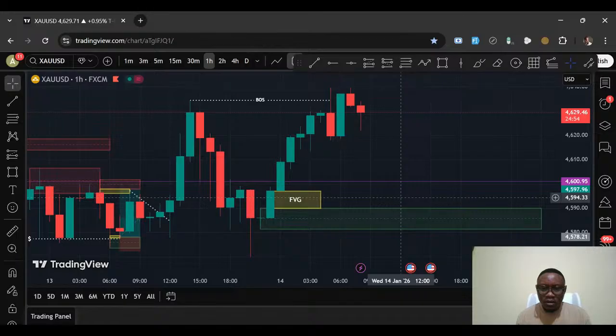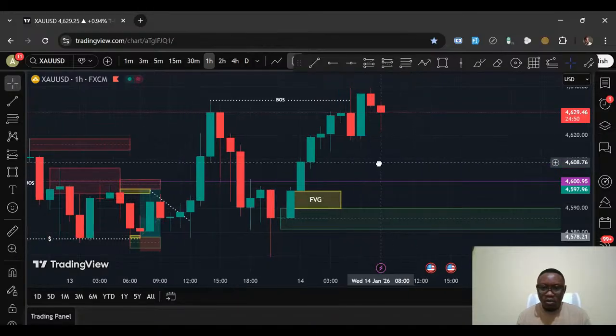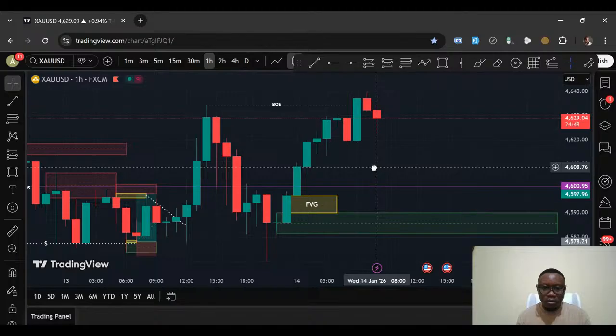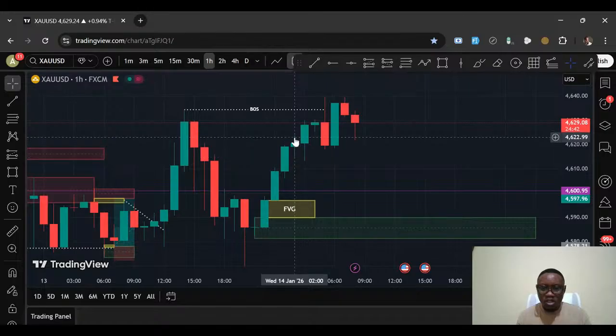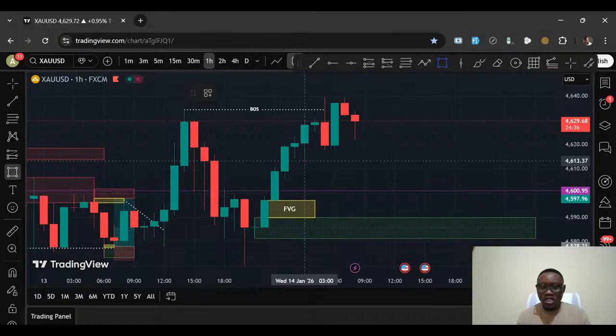And let's see if we have some other block here that we can mark out. Okay, this zone has already been mitigated. Otherwise, we could have marked this out. You can see price came down here to mitigate. This is another block zone, but we missed it, right?